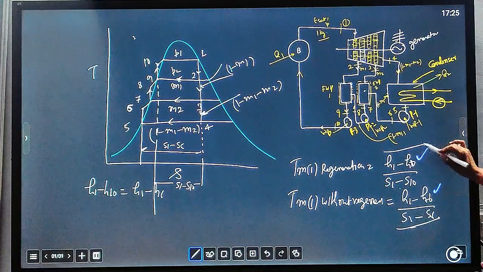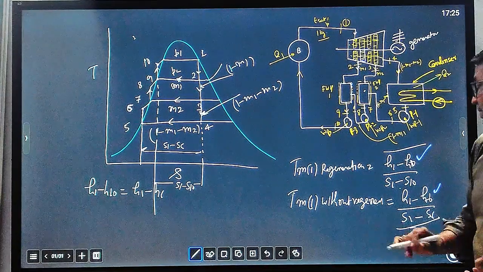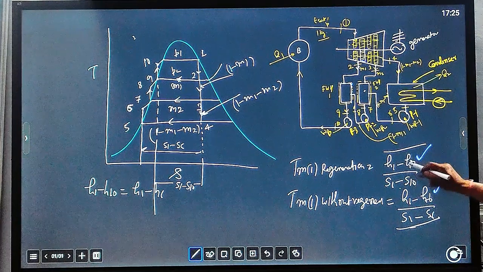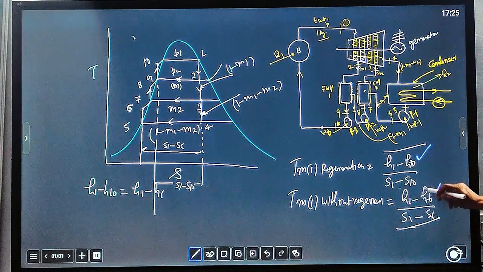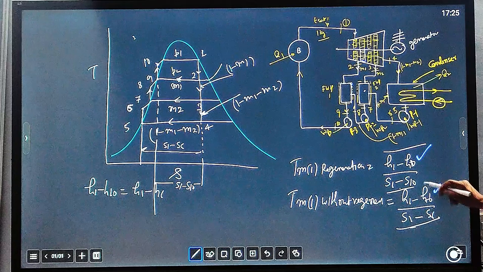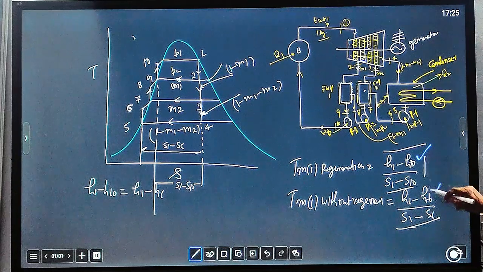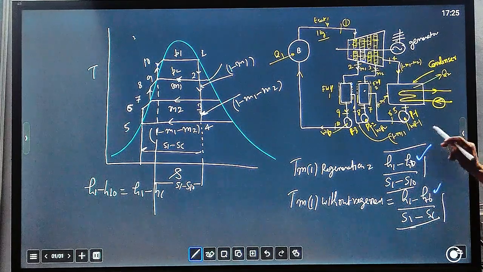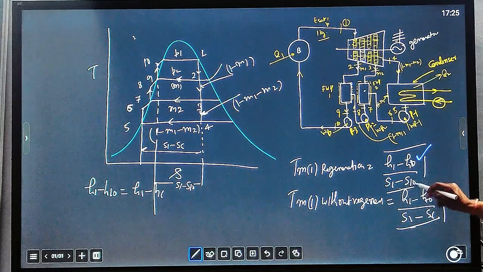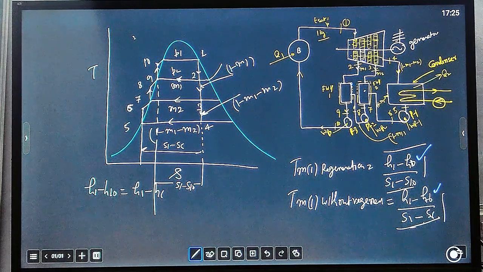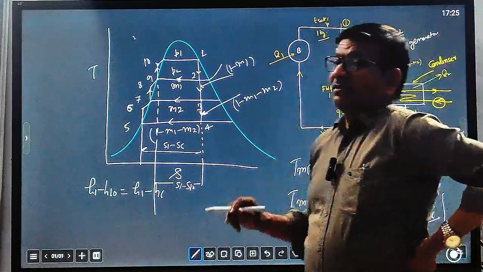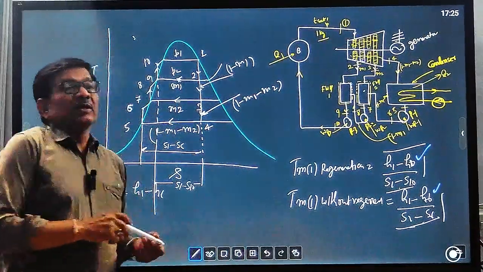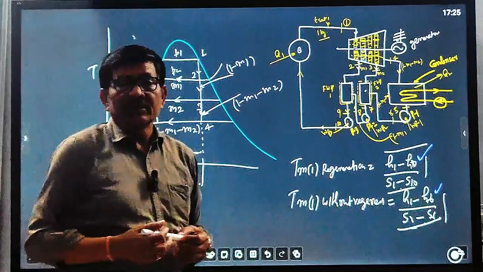So from the definition of the mean temperature of regeneration, H1 minus H10 upon S1 minus S10, this value is higher than the other because the numerators are the same and the denominator of this one is less than this one. That's why by the regeneration method we can increase the mean temperature of heat addition.